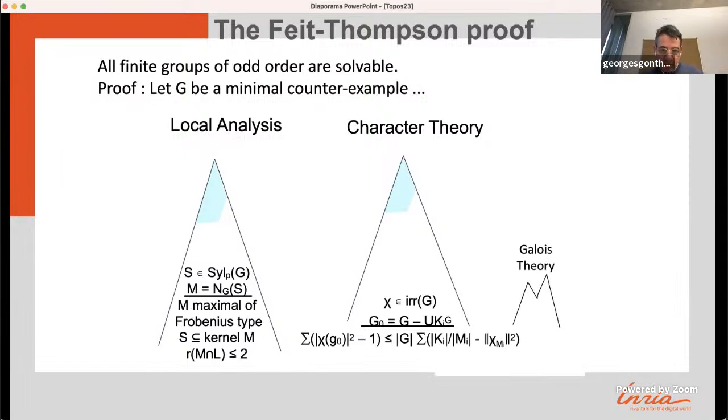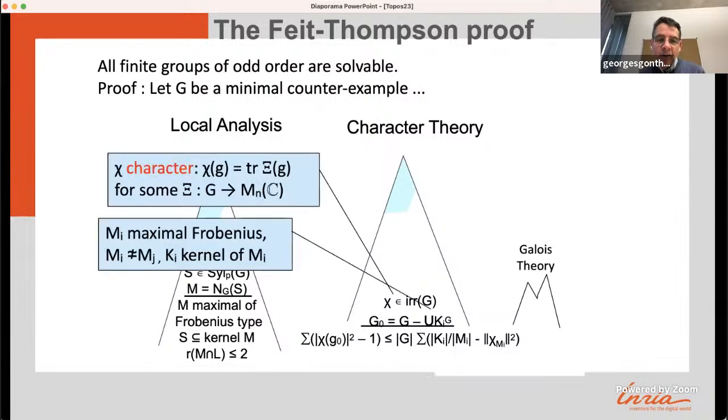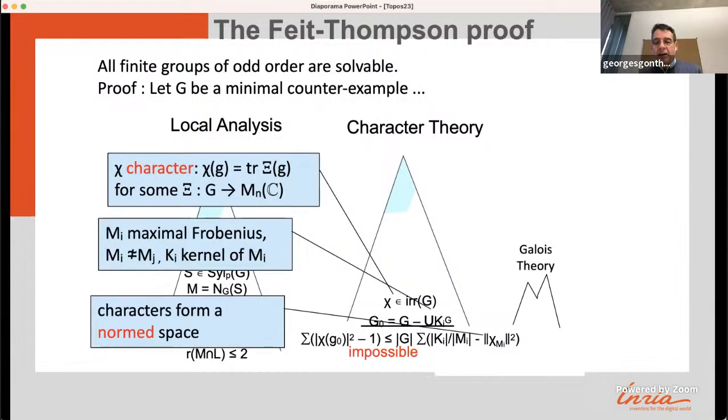And if you combine all of these isometries, you can basically get a norm inequality over the entire group. And that norm inequality is impossible. So that's your proof, or that was the original scheme of the precursors of the Feit-Thompson theorem.